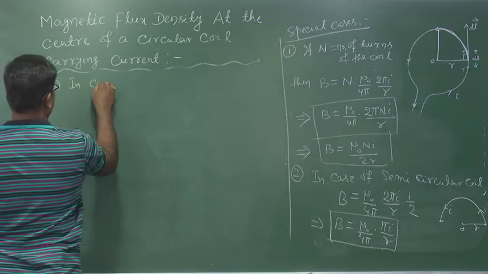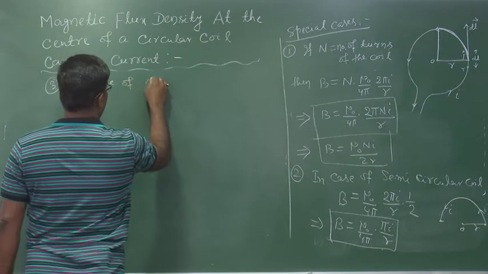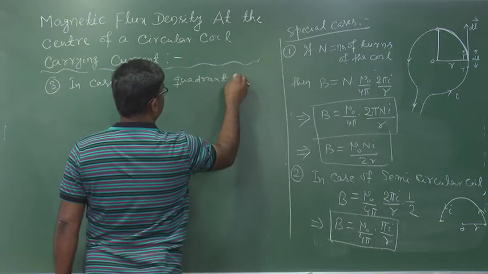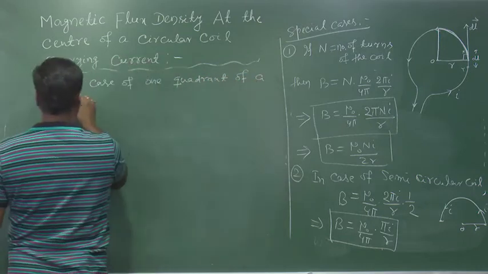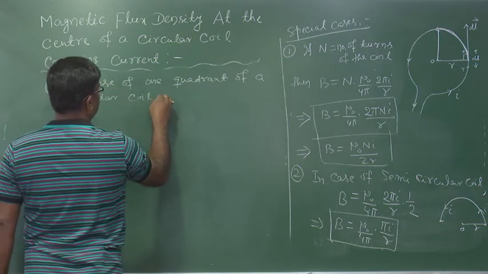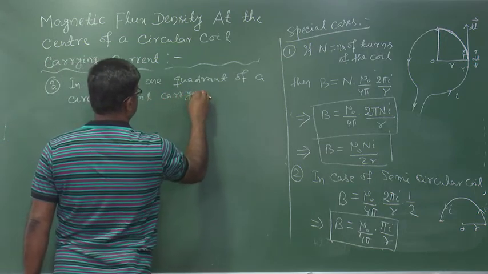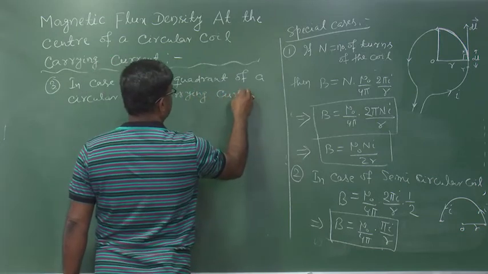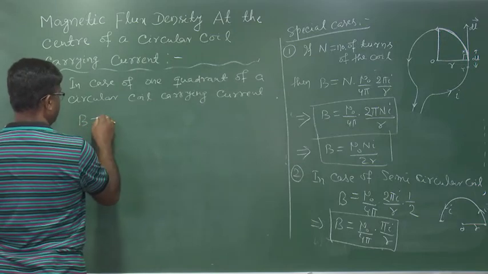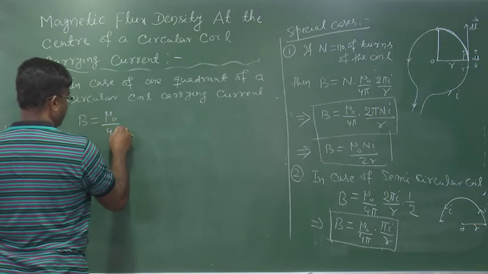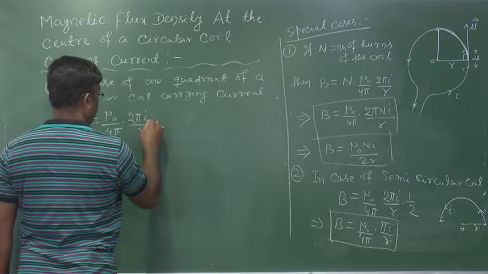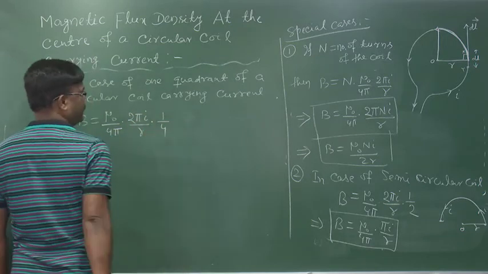In case of one quadrant of a circular coil carrying current, B equal to mu 0 by 4 pi into 2 pi I by r into 1 by 4.